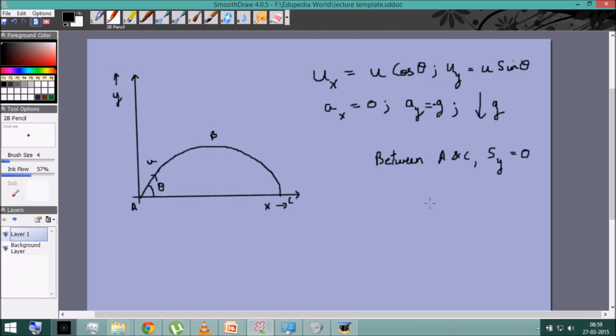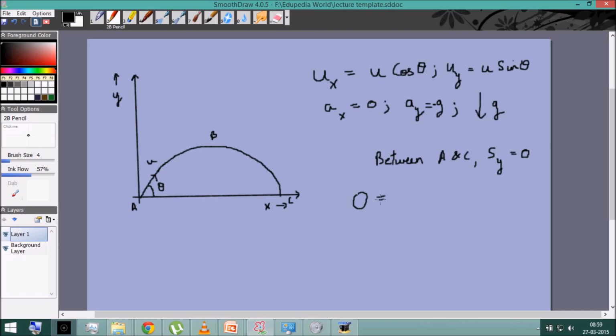But keep in mind, since we are applying the equation in the vertical direction, we need the displacement in the vertical direction, and AC is pointing in the horizontal direction. So the component of AC in the vertical direction is 0. So we know that between A and C, sy is 0. Right? You can see that because A and C are both at the same vertical height, which is 0.